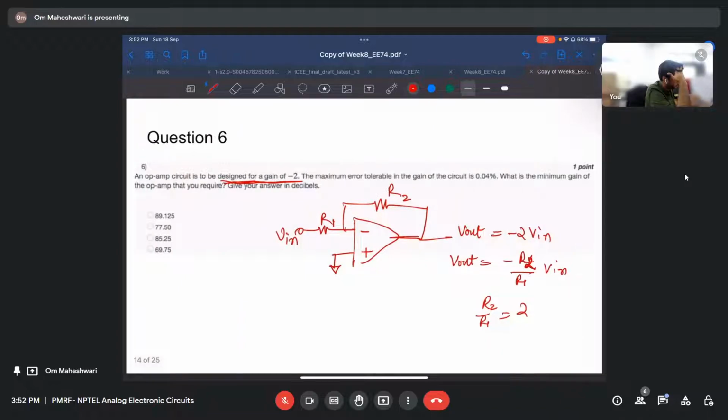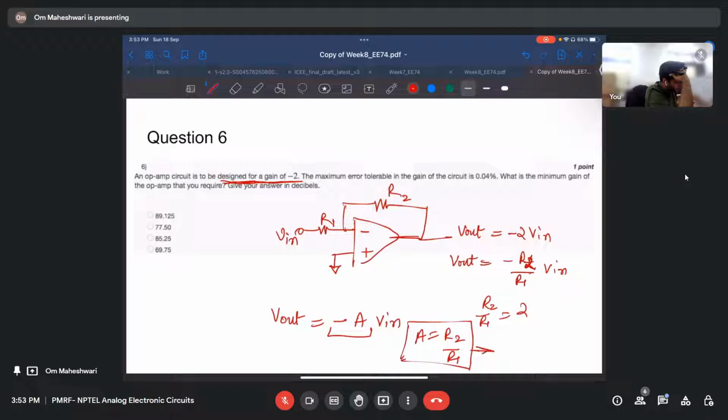So when we were doing this, if we see our gain, V out equals minus A V in. So this is our gain. So A is what? R2 by R1.